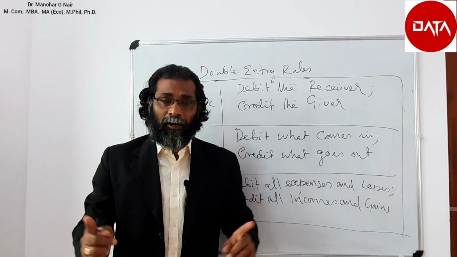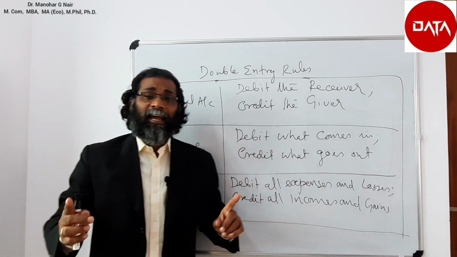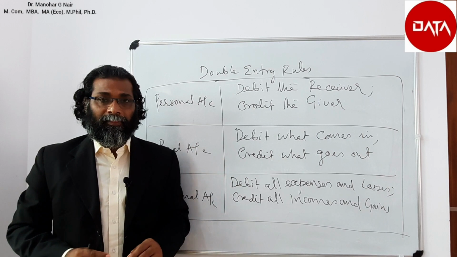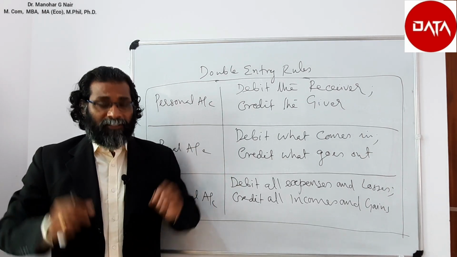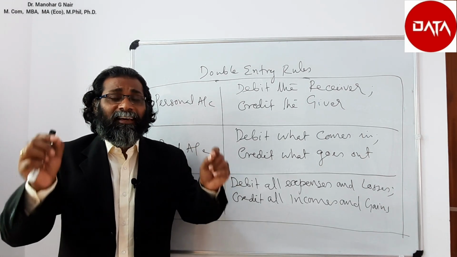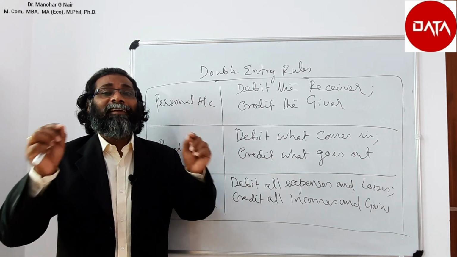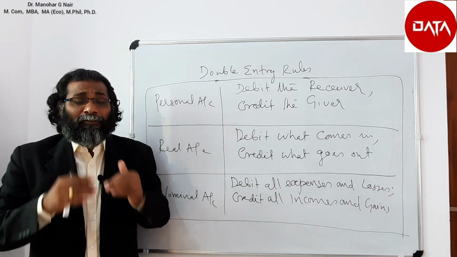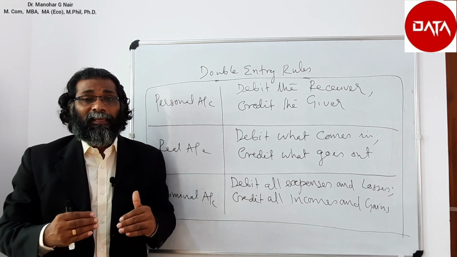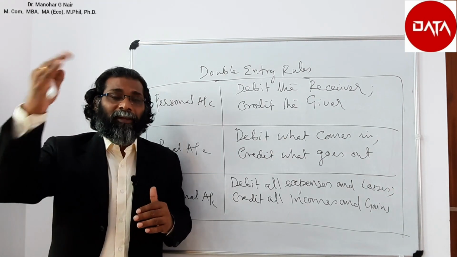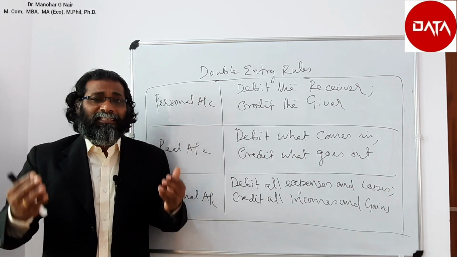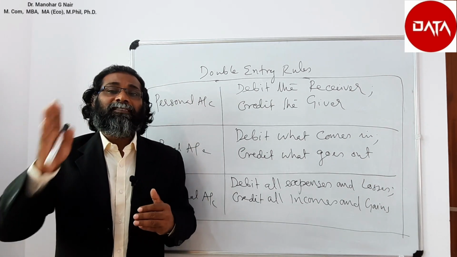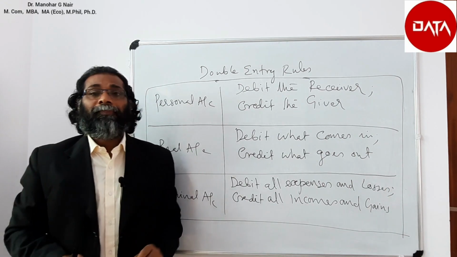For personal account, the first rule is: debit the receiver and credit the giver. If something is received from the business by someone, debit it. And if someone is giving something to the business, credit him, if it is a personal nature transaction.